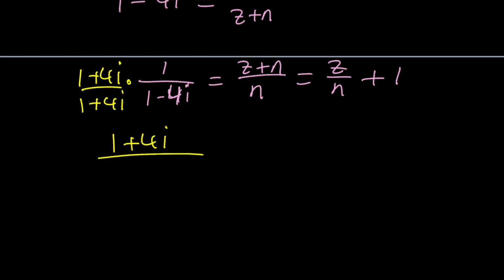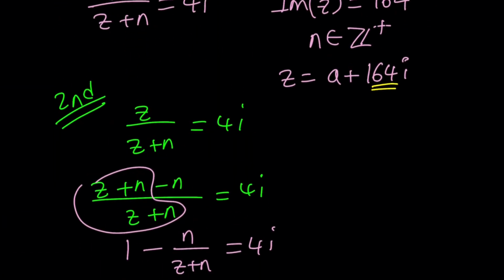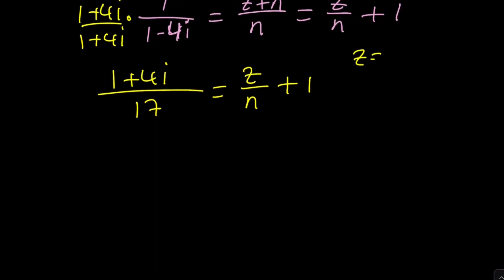A squared plus b squared, that's going to be 17. So now this equals z over n plus 1. So how do we handle this, right? Now is the time to replace z with what it is. Let's go ahead and do that. So remember, z was a plus 164i because we were given that the imaginary part is 164, so z is a plus 164i.